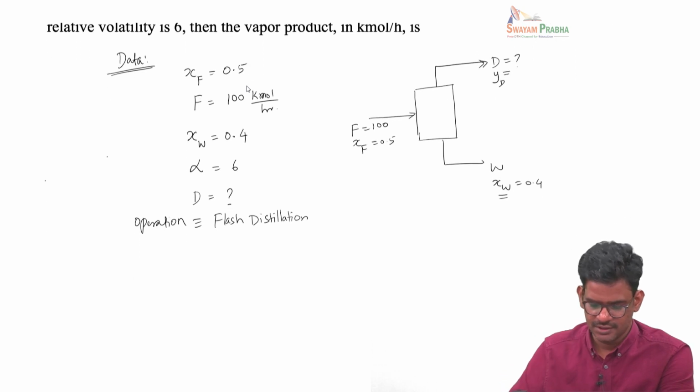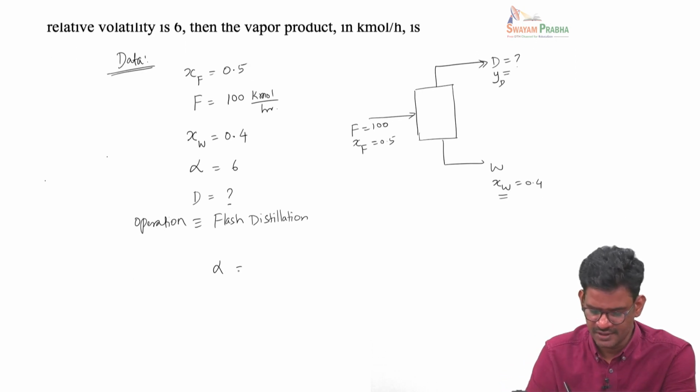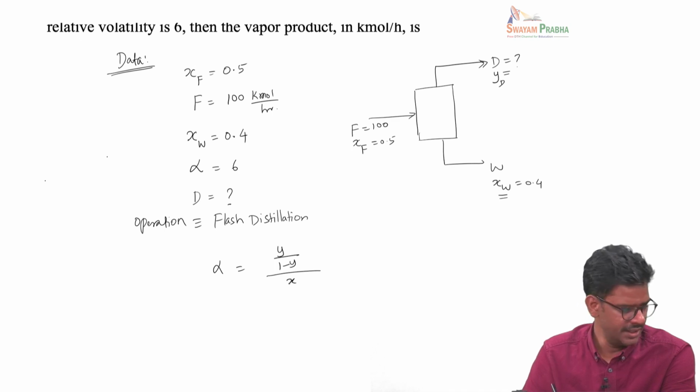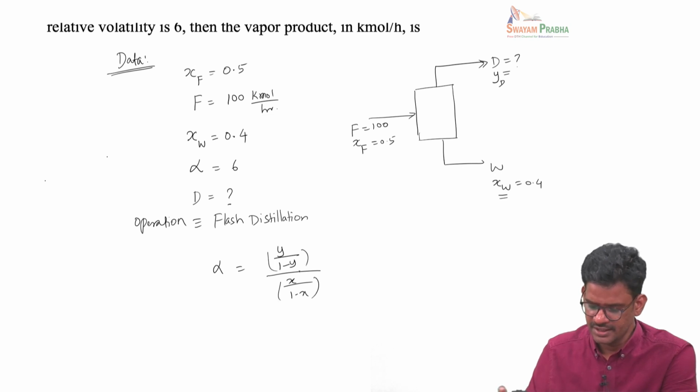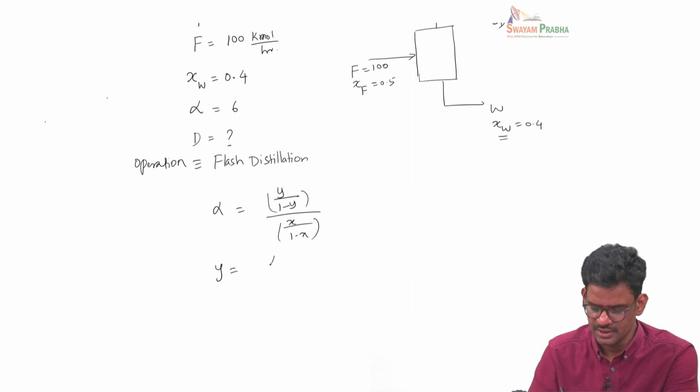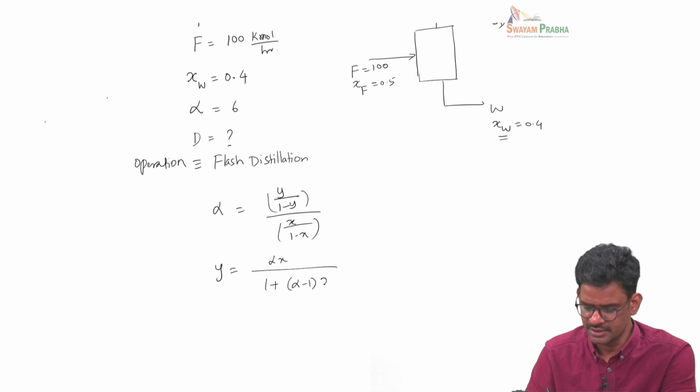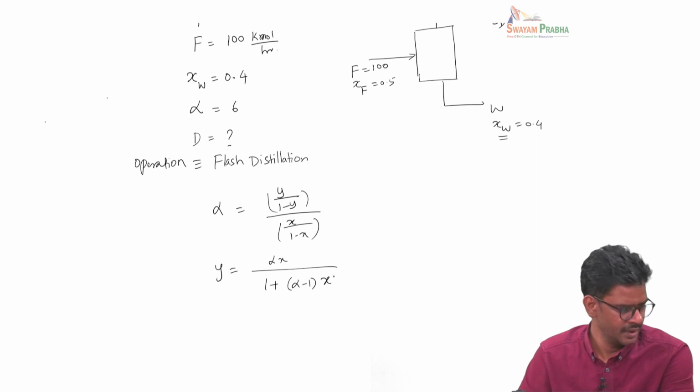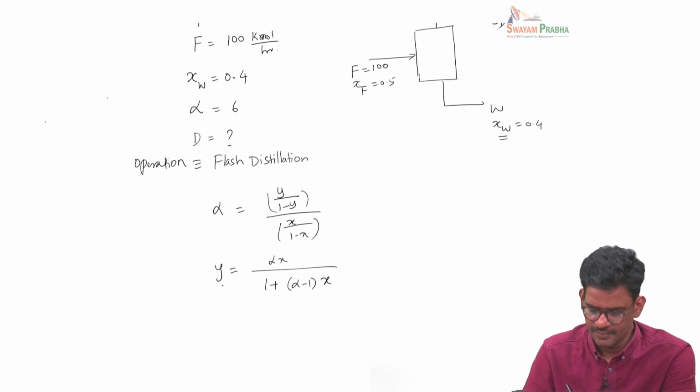What we do is we say that the definition of alpha is y by 1 minus y over x by 1 minus x, and we can rewrite this as y is equal to alpha x by 1 plus alpha minus 1 times x. Sorry, this is x, and then we can write this for yD and xW.